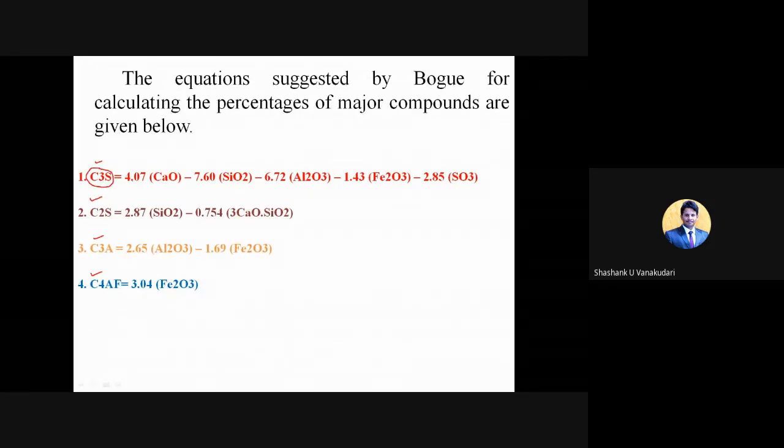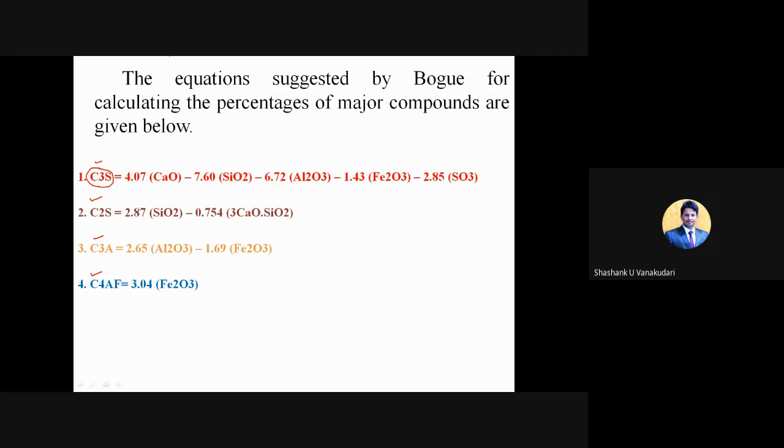So that formula they have given, that is 4.07 times calcium oxide minus 7.6 times silicon dioxide, and then minus 6.72 times Al2O3 and 1.43 times Fe2O3 minus 2.85 times sulfate, that is SO3.